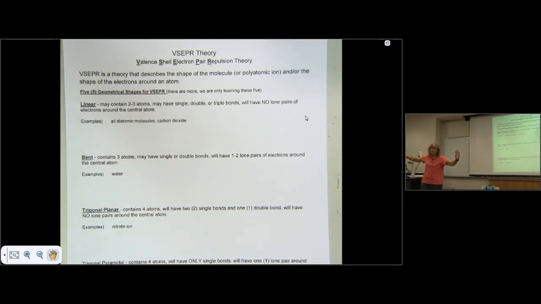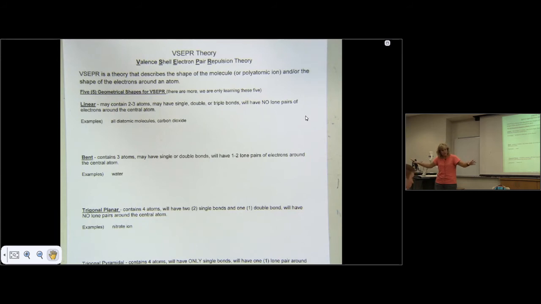What am I trying to show you? The electrons doing what to each other? Repelling, pushing away. Which means the VSEPR theory is saying to us, electron pairs try to get as far away from each other as possible. That's what these electron pairs do. They try to get as far away from each other as possible.